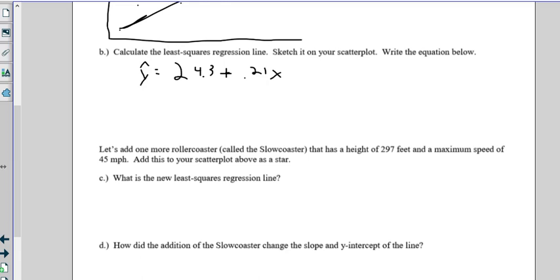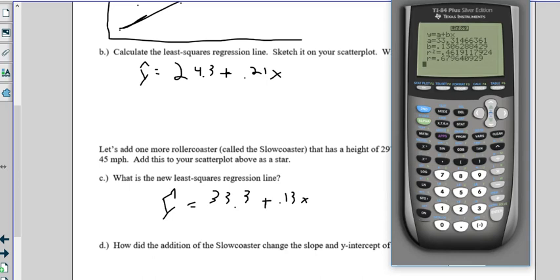So when we run that, we get a new line. Y hat equals 33.3 plus 0.13x. Now, if you pull out your calculator one more time and hit zoom 9, look what happened to the line.